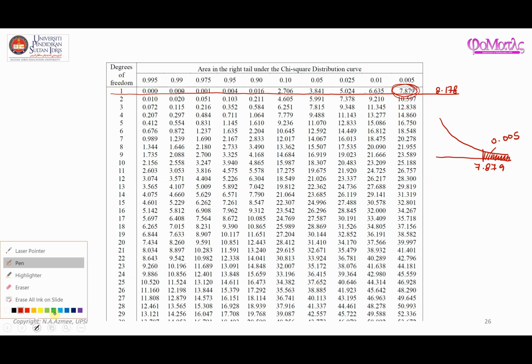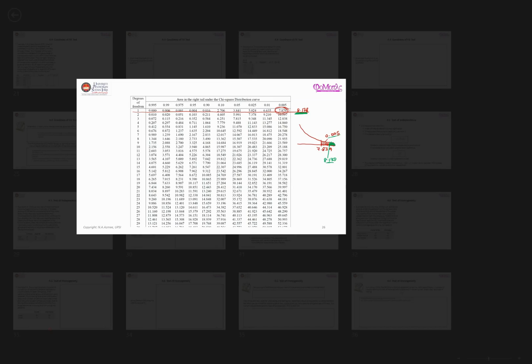So 8.178 could be somewhere here. Therefore, the area from this point to the right is going to be even smaller than 0.005. So we are going to use that as a basis of our answer.